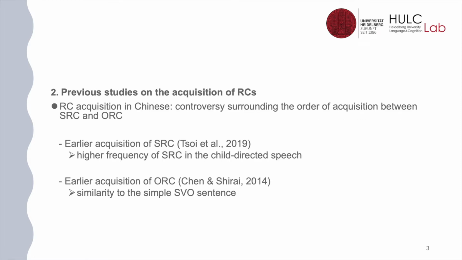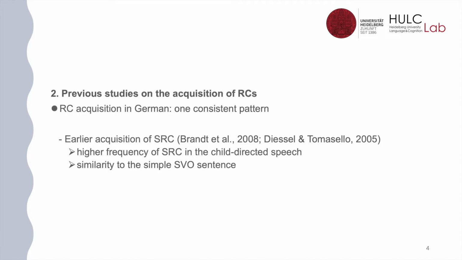Now we turn to the previous studies on RC acquisition. In terms of the RC acquisition in Chinese, there is a controversy surrounding the acquisition order between SRC and ORC. While some studies have observed early acquisition of SRC, which can be accounted for by the higher frequency of SRC in the child-directed speech, other studies have demonstrated that ORCs are acquired earlier, as ORCs are structurally more similar to the simple SVO sentence.